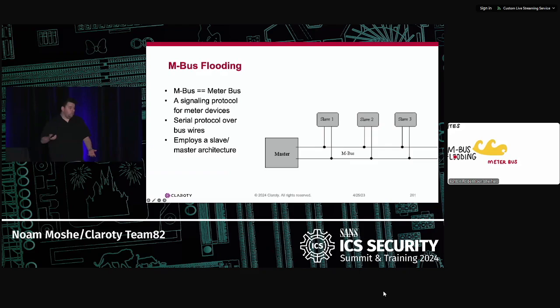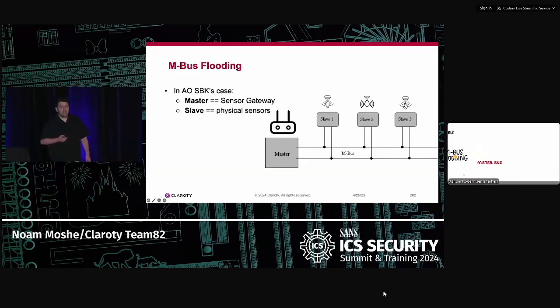And once again, it is run on bus wires, meaning it does support the protocol that is supported by the physical sensors, and it employs a slave master architecture. Now, in AOSBK's case, the master is the sensor's gateway, meaning basically the orchestrator of all the physical sensors, and the slaves are the different sensors used to collect physical data and send it down the line.